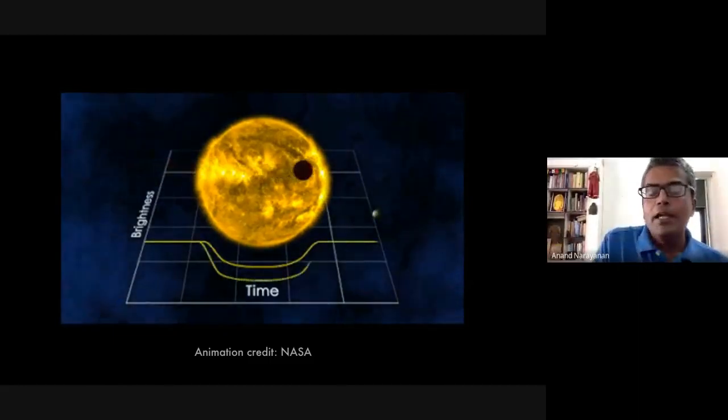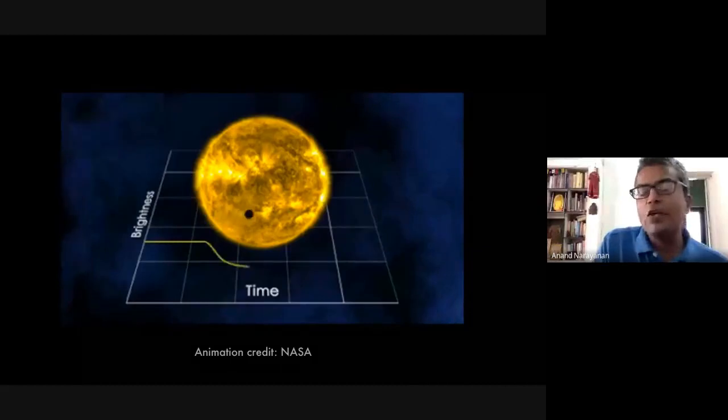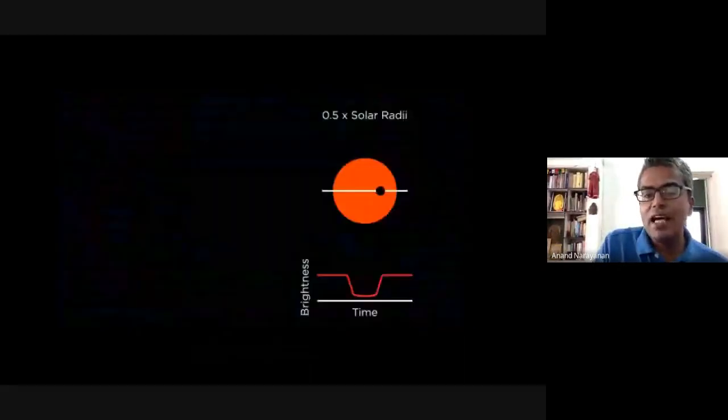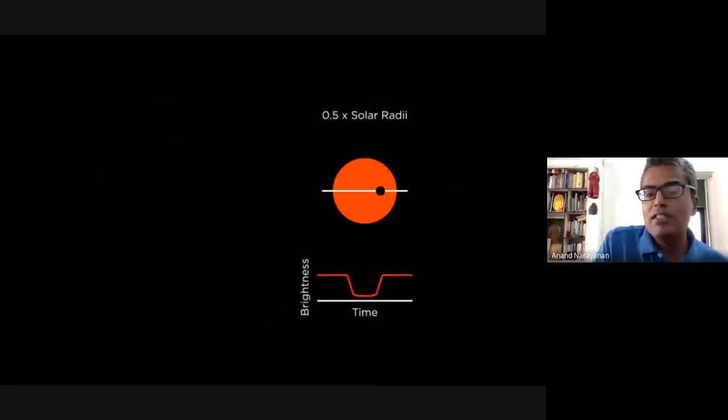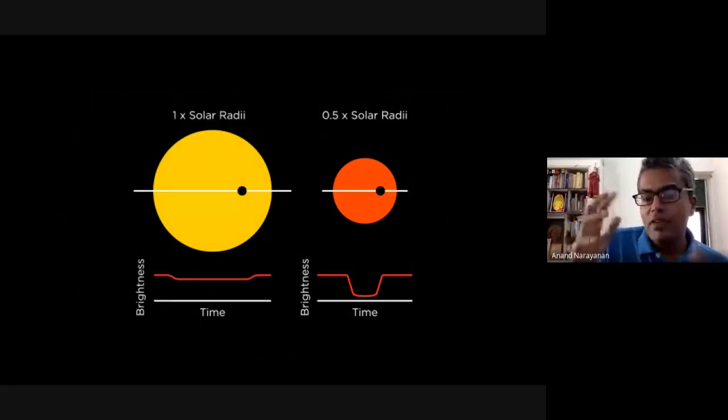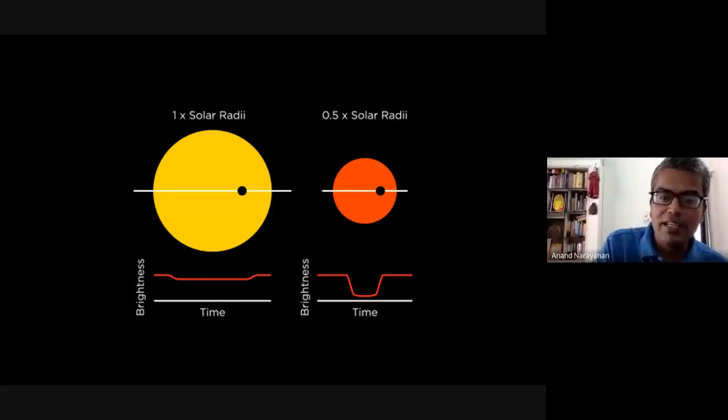Now it depends not only on the size of the planet, it also depends on the size of the star. If you have a small star and a planet transiting in front of it, you will get a certain dip in brightness. If the same planet is moving in front of a bigger star, maybe twice the size of this one, so this yellow star is twice the size of this red star, then the amount of brightness dip is going to be smaller.